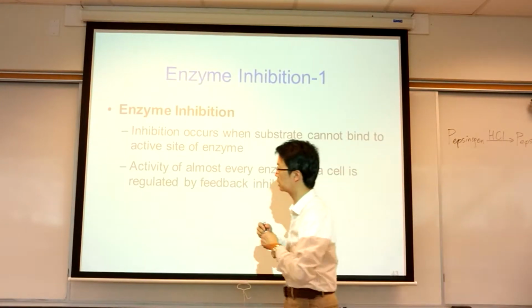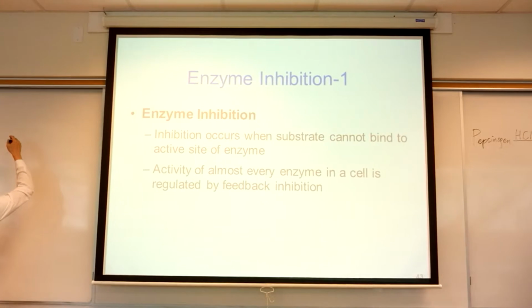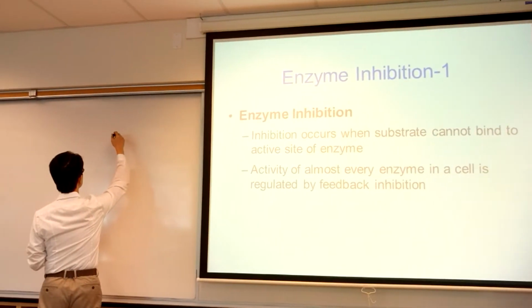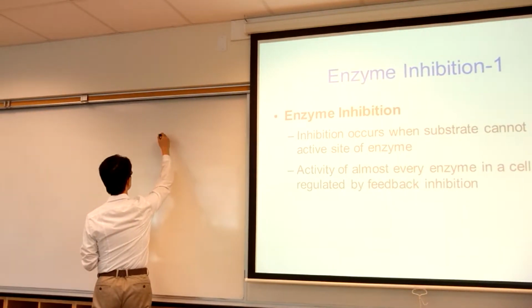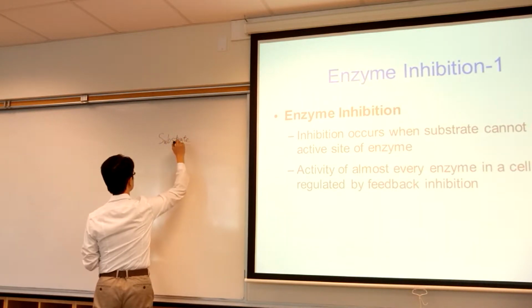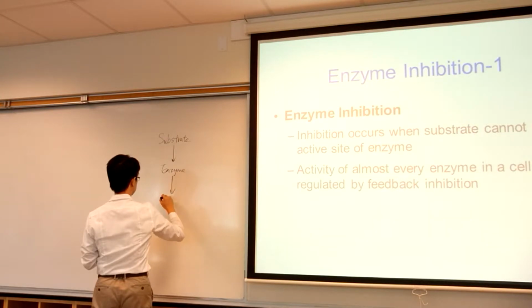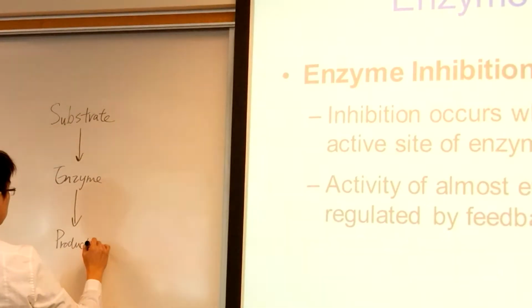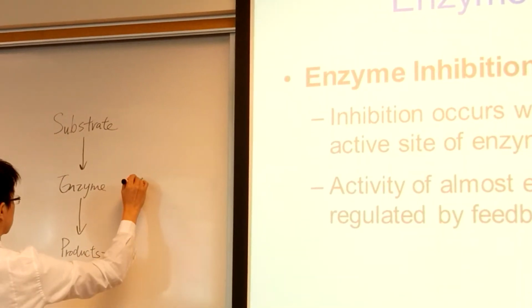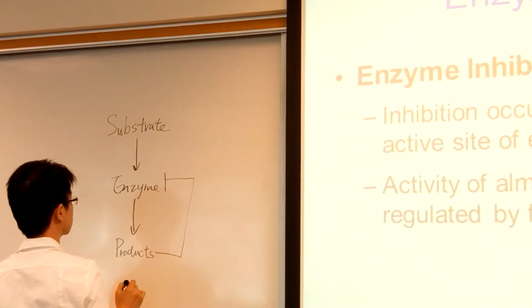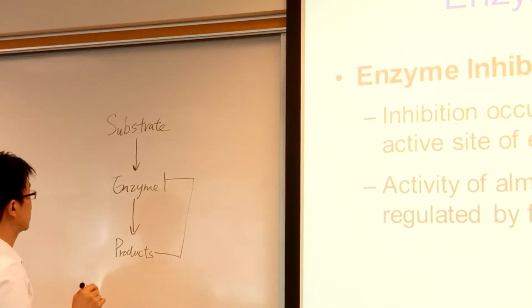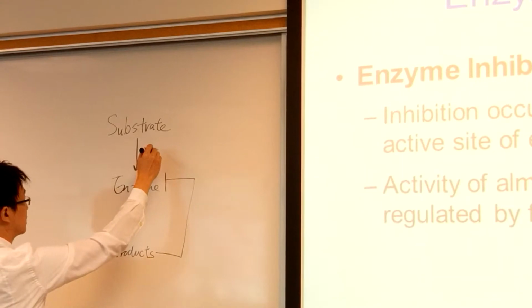I can draw it here. You see, substrate goes to the enzyme and then becomes product. Product will actually inhibit here, so that the substrate can no longer bind to it.